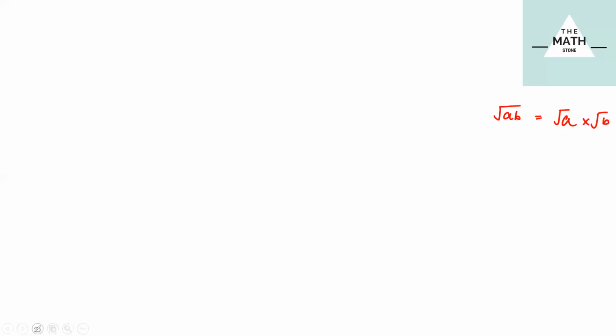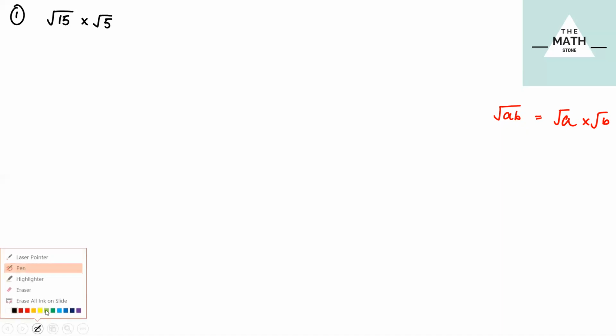I'm going to begin with a problem. Let's say we have the square root of 15 and we want to multiply it by the square root of 5. This is a radical expression and we want to simplify it.